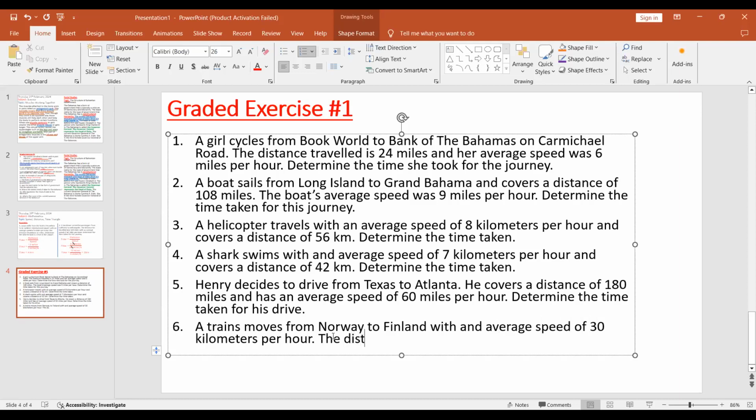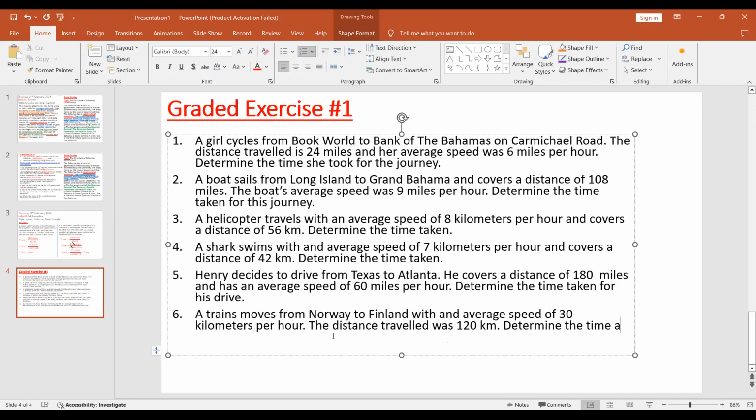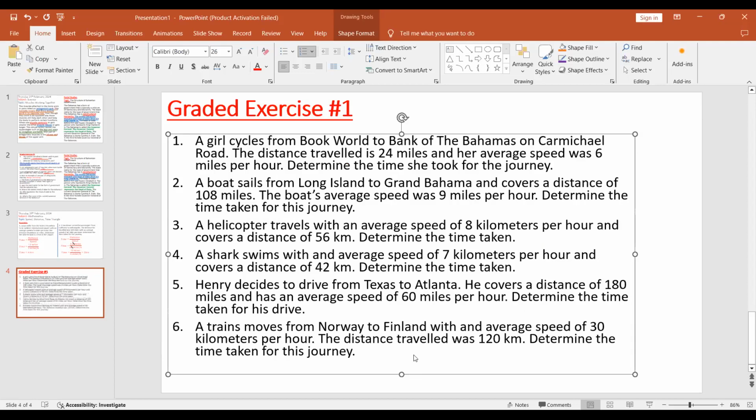Distance traveled was 120 kilometers. Determine the time taken for this journey. All right, just 6 of them. Hopefully you all understand or remember what to do.